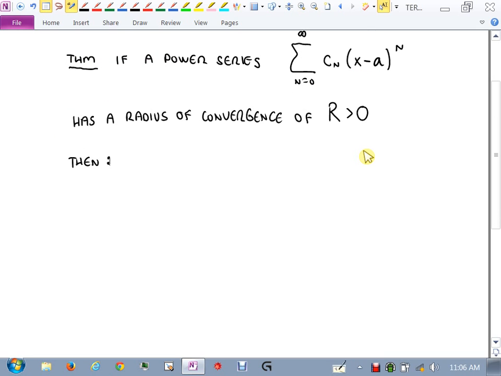First of all, we can rewrite the original power series as a function. I'm not changing anything. I'm actually defining a function f to be equal to that power series.